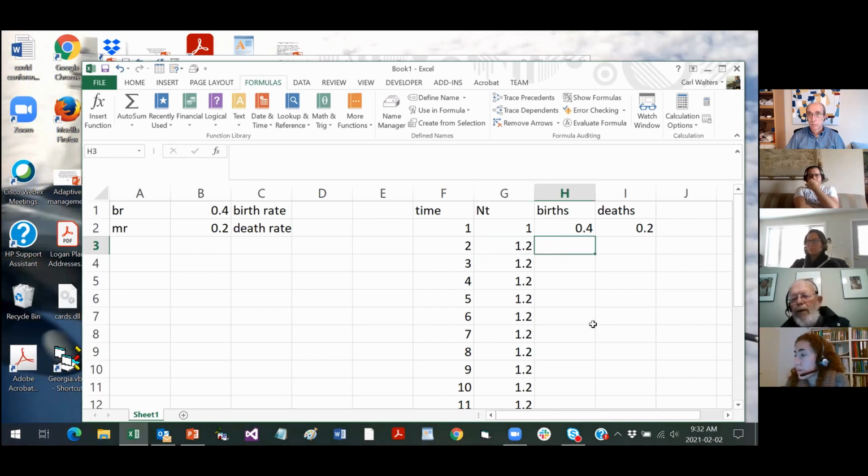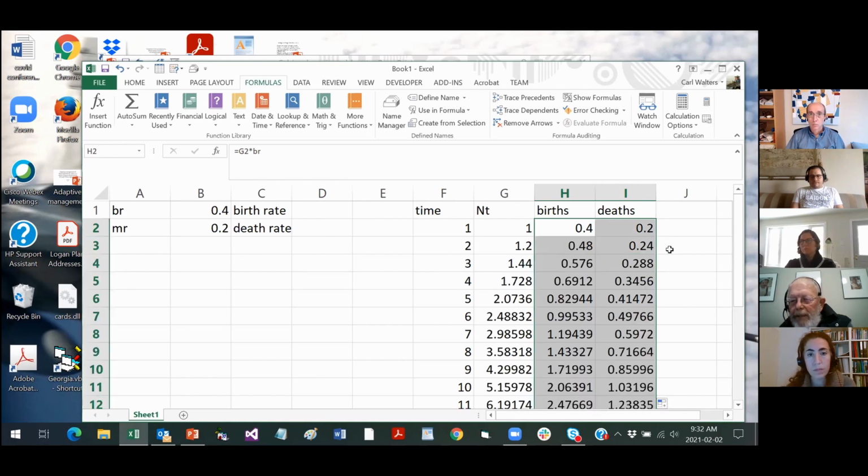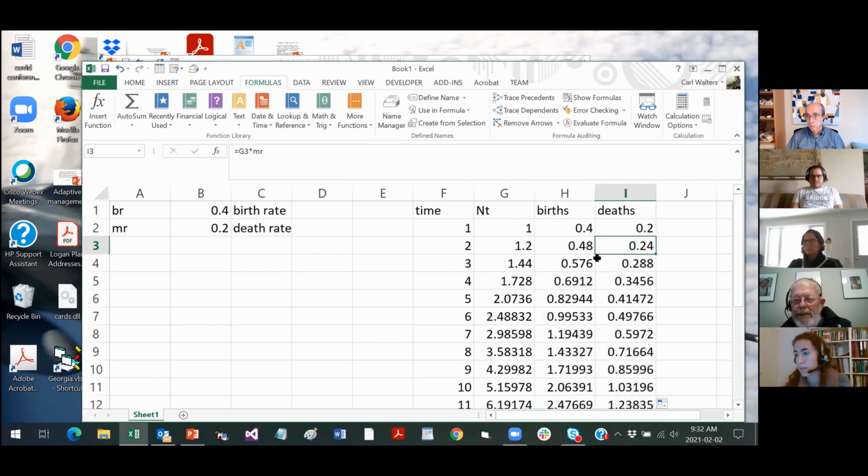So now, let me copy the birth equation and death equation downward in time using the same convention. I select the two cells, get the little crosshair, double click, and boom, it will autofill the birth and death equations downward in time for me.